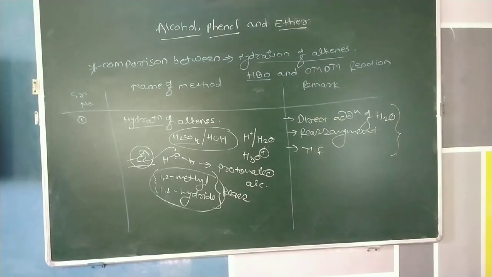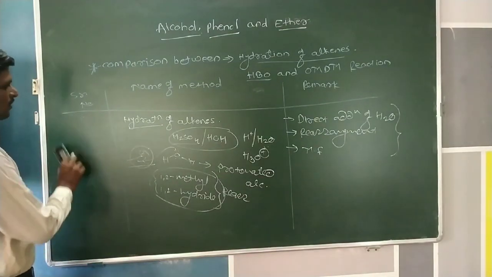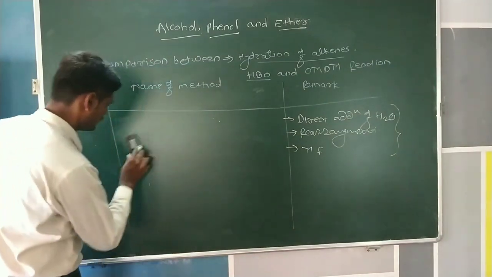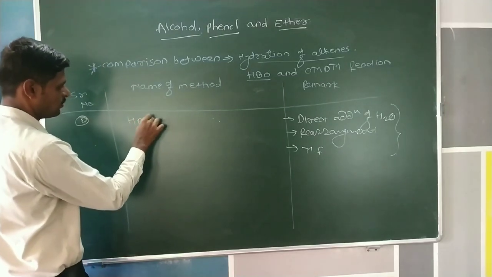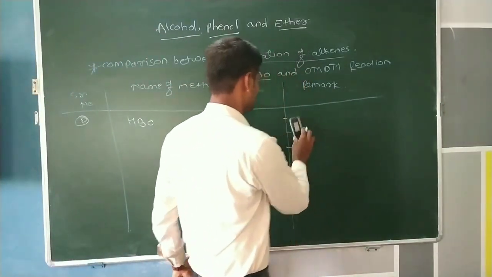After that, the second reaction is the hydroboration reaction, HBO. In HBO, we can take symmetrical as well as asymmetrical alkene.